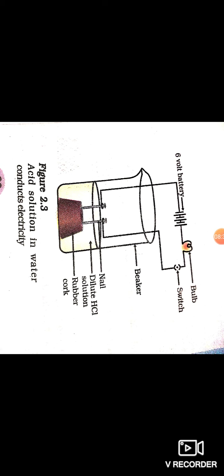Here we have a 6-volt battery, bulb, switch, beaker, iron nails, dilute hydrochloric acid solution and rubber cork. This figure is very important for your examination. So let us see how an acid solution conducts electricity.